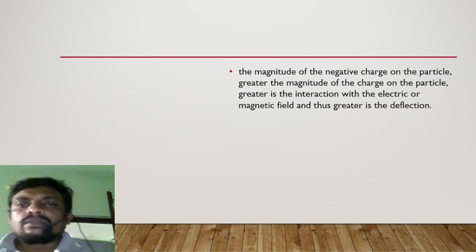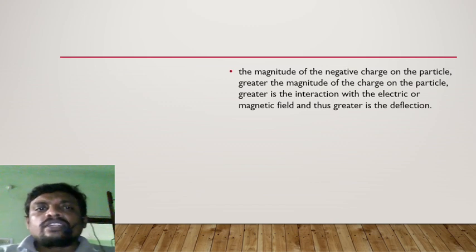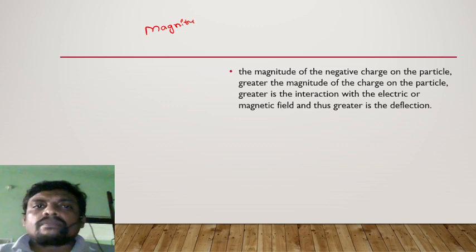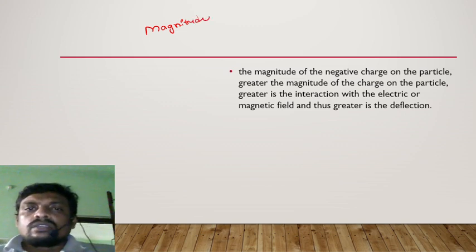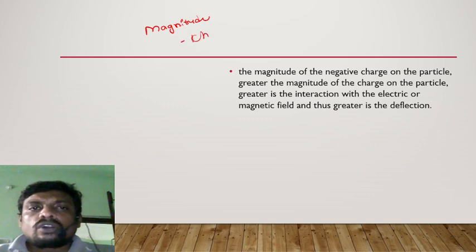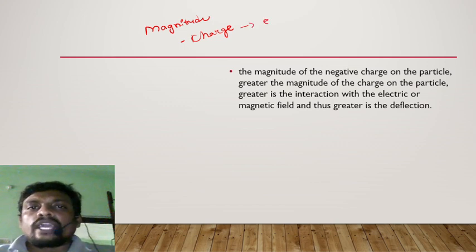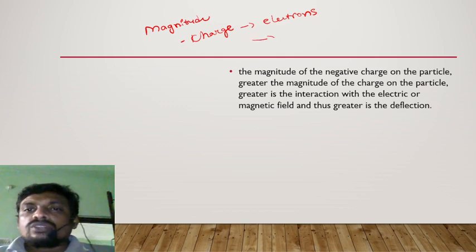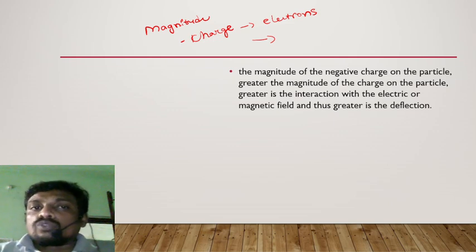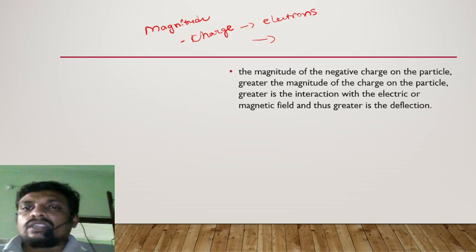In the case of the magnetic field, if you see in this experiment, before concluding this video, if you take the magnitude of the negative charge which is going to act on the electrons, in case of a greater magnitude of the charge on the particle, or less amount of magnetic field, or greater interaction with electric and magnetic field.